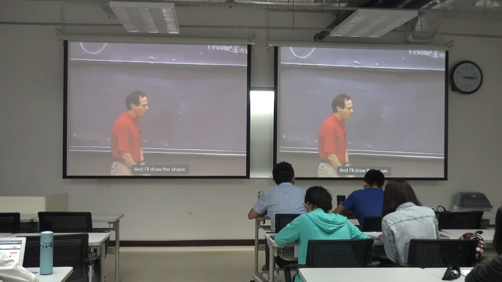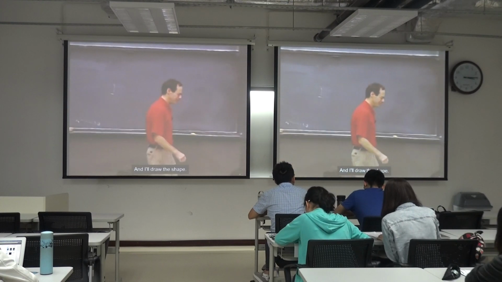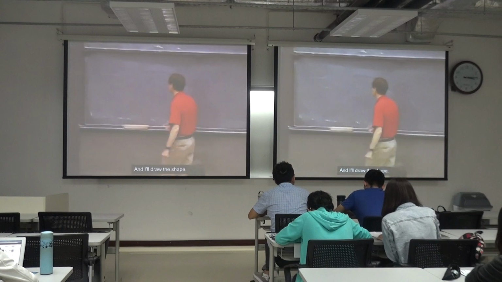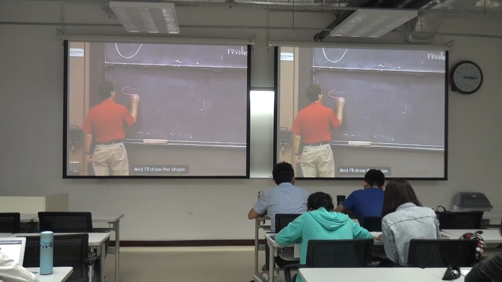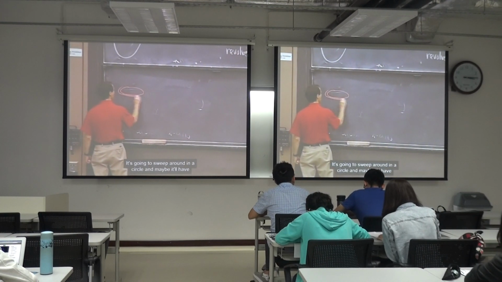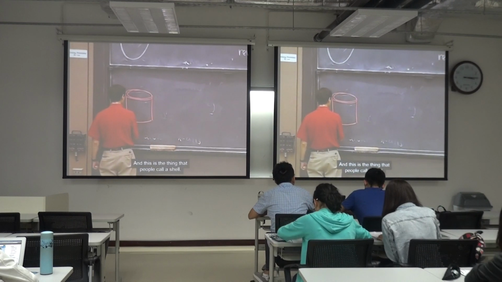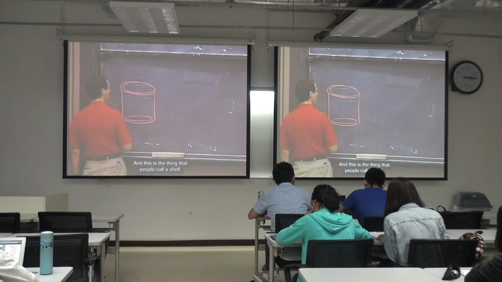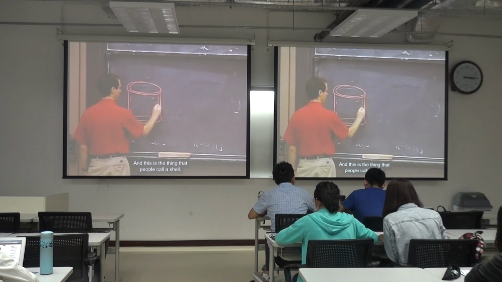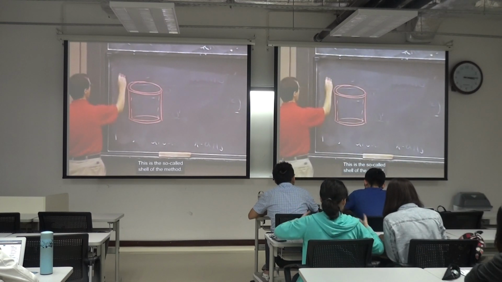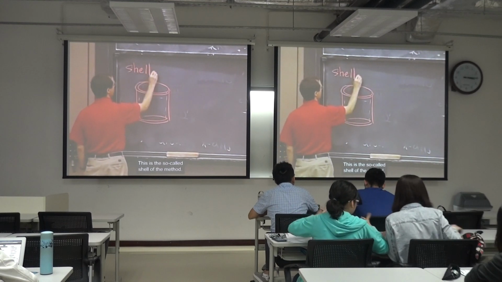And I'll draw the shape. It's going to sweep around in a circle, and maybe it'll have a little bit of thickness to it. And this is the thing that people call a shell. This is the so-called shell of the method.